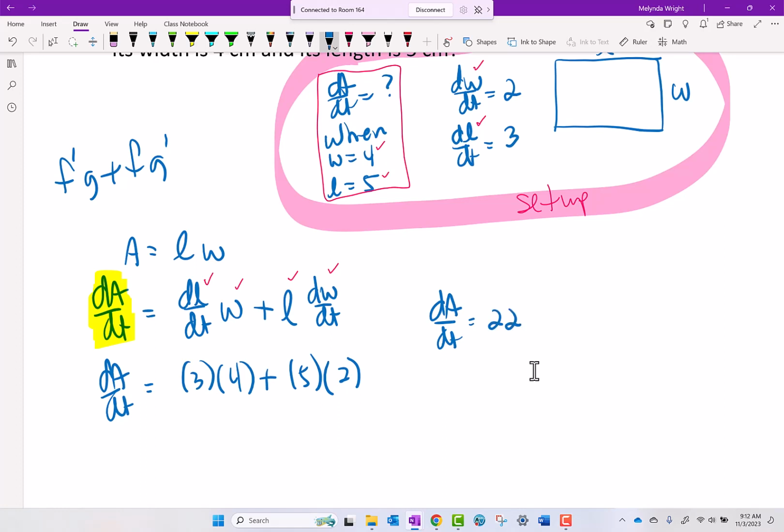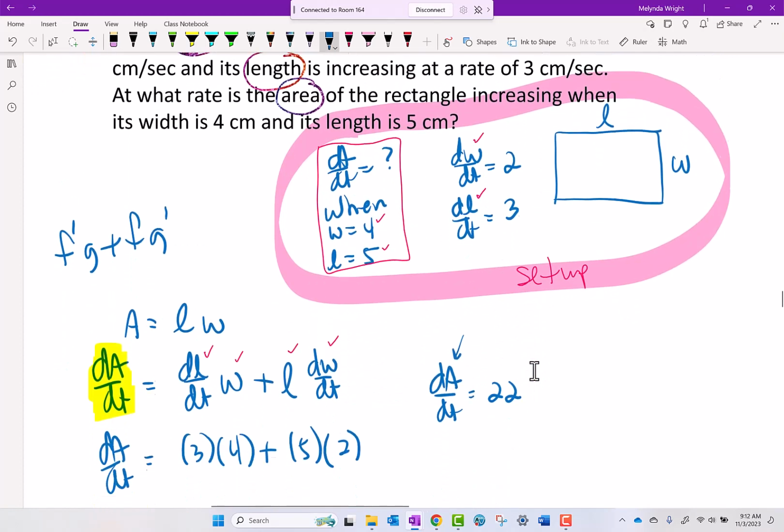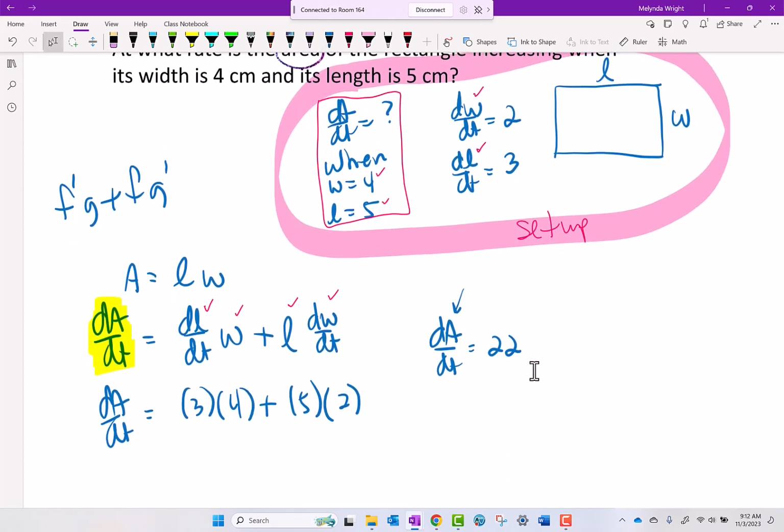Now this is units for area, and what are we? Centimeters per second. So my centimeters should be what? For area, that should be squared, right? Because area is a measurement that's squared. It's a surface. Centimeters squared per second. And there's my answer. Okay? So we're easing into it. We're doing okay? Okay.